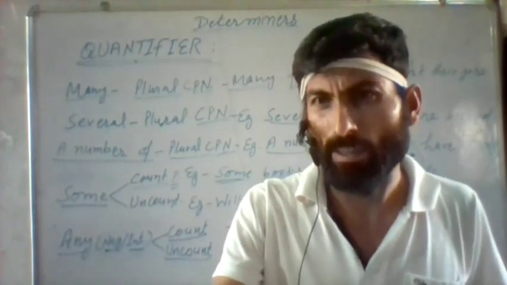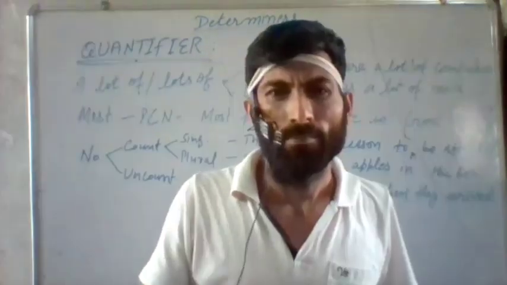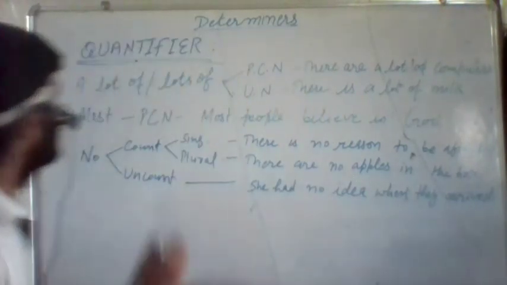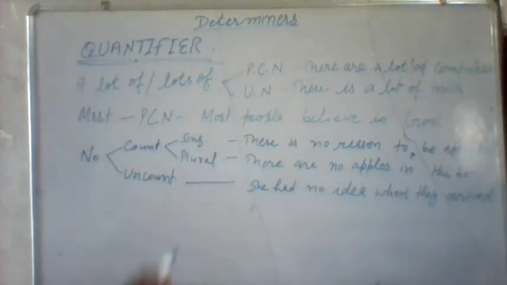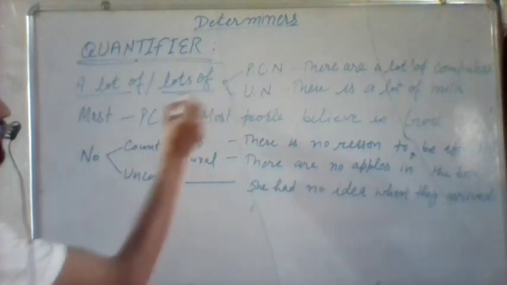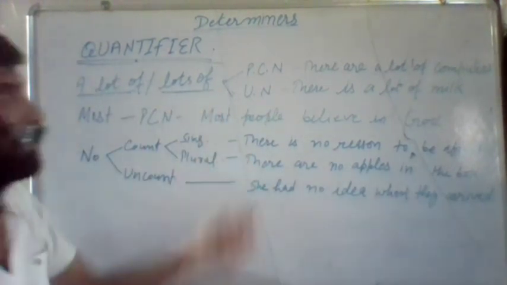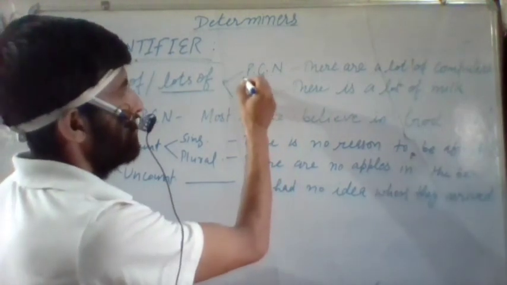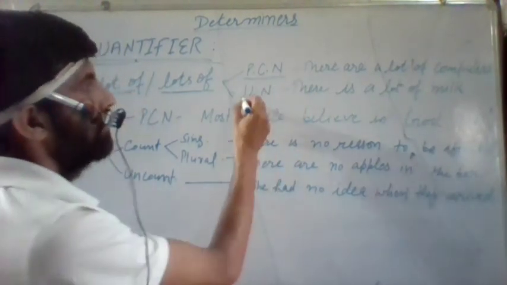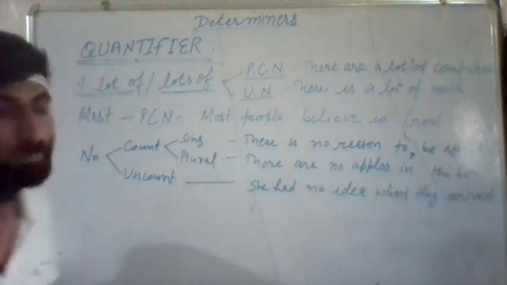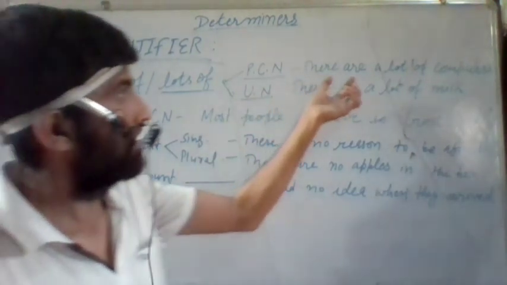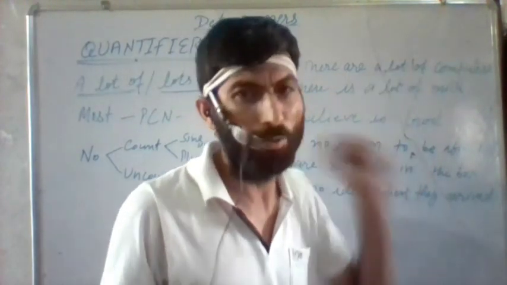Now we'll talk about the next kind. The next quantifiers are a lot of or lots of. Both have a similar meaning; one is formal and one is informal, student. It means बहुत सारे. It can be used with plural countable nouns and with uncountable nouns also. Plural countable noun: there are a lot of computers.